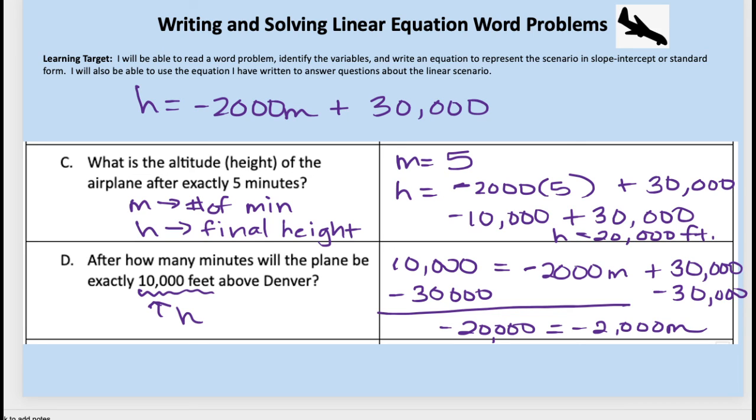So now I'm going to divide both sides by negative 2,000. Negative 20,000 divided by negative 2,000 is 10. And by the way, a negative divided by a negative is a positive, in case you don't remember. I ran out of space, so you can't see that step, but I'm dividing both sides by negative 2,000, and I get m equals 10. So that means after 10 minutes, the airplane will be exactly 10,000 feet above Denver.